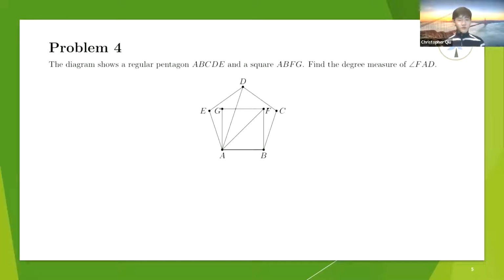All right, so in problem 4, we have a regular pentagon and a square that is kind of inside this pentagon and shares a side with the pentagon. We want to find the degree measure of FAG, which is this angle.